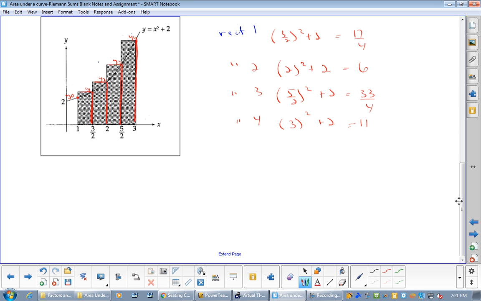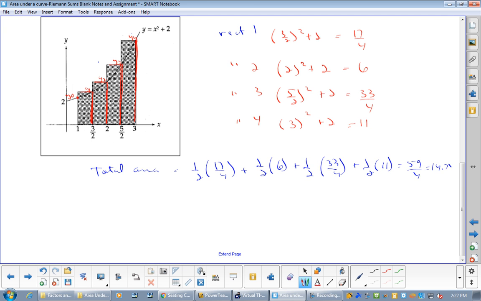Okay, so therefore my total area is going to equal 1/2 times 17 over 4 plus 1/2 times 6 plus 1/2 times 33 over 4 plus 1/2 times 11, and that gives me 59 over 4, which is 14.75.